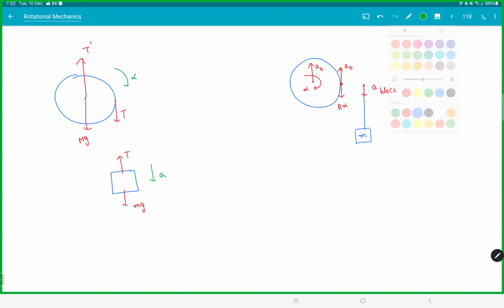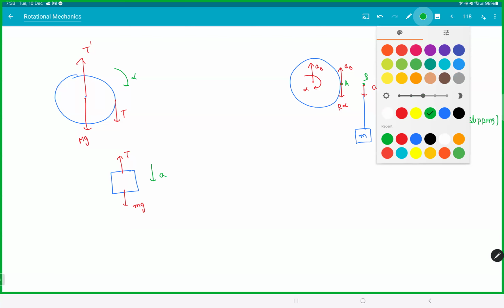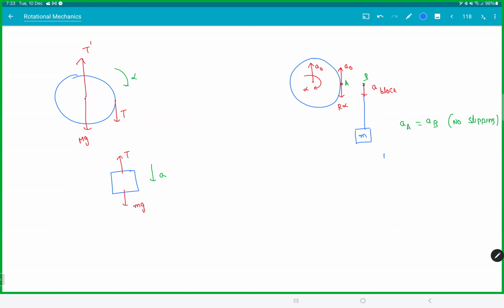So the no slipping condition says if I take this point A and this point B, acceleration of A must be equal to acceleration of B. This is the no slipping condition, not A is equal to R alpha. So that would be R alpha minus A naught is equal to A. This is your equation 1. Keep that in mind. All these accelerations are in the ground frame.